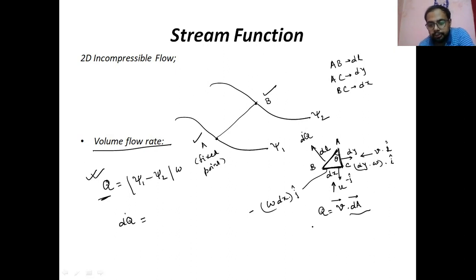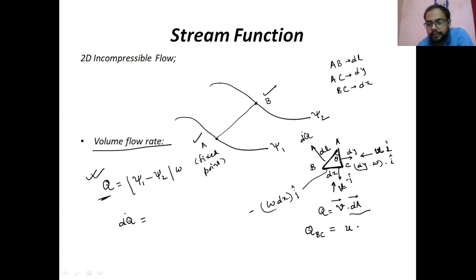So how much is coming inside? Q through BC, this part: how much flow is coming? There the velocity is V, here U is the other component.